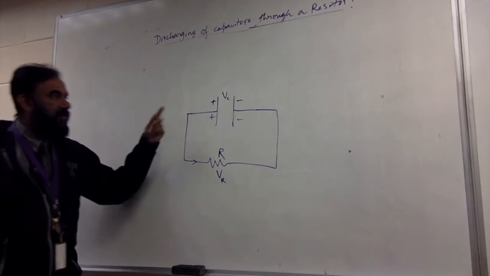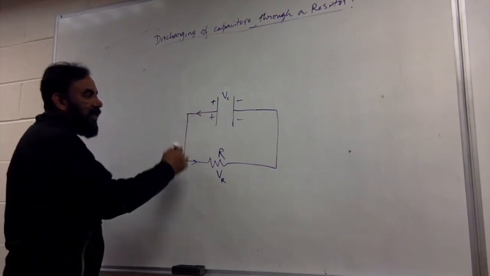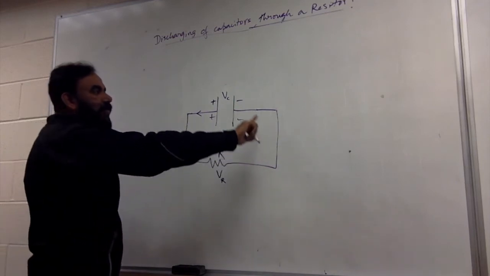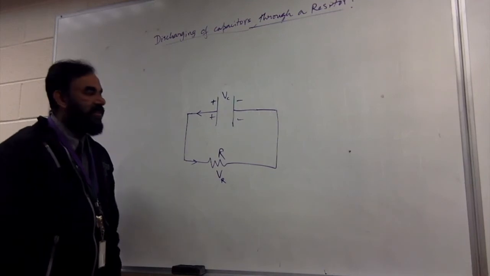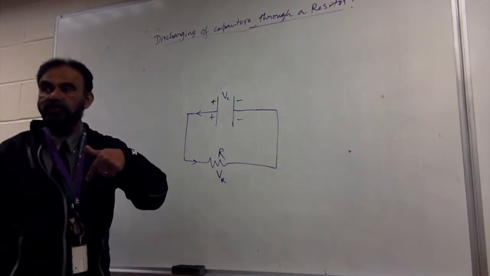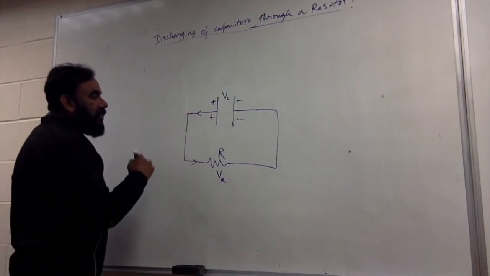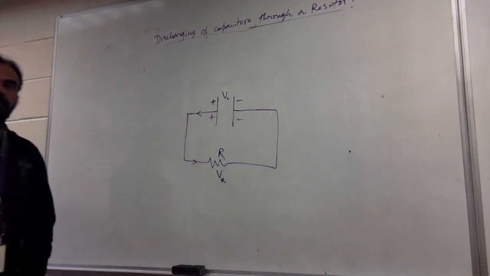Because I've disconnected it, this will make a current flow this way through the resistor. It's kind of a reverse current. It is not a charging current, but a discharging current. So this is a current that is discharging the capacitor and making the voltage go down.